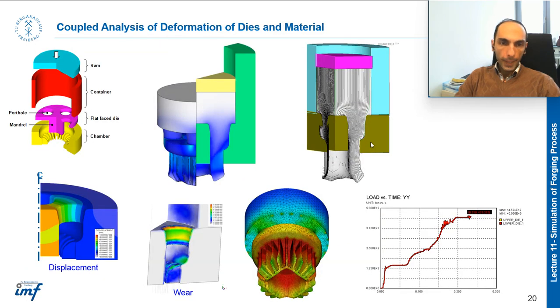Okay, and this is another example of a coupled analysis of deformation of die and material. You can see that the die is not a simple die, but there are different parts.